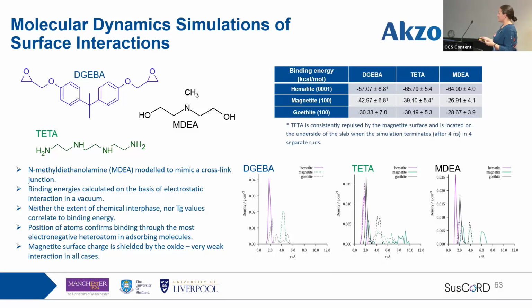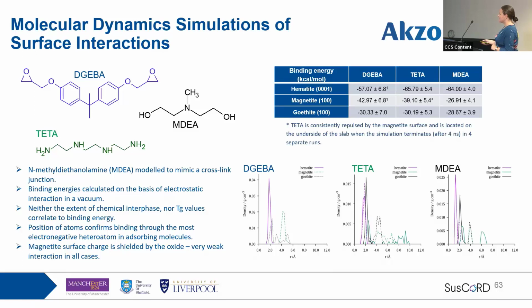For magnetite, because the oxide really shields the positive iron ions from these heteroatoms, we have even a repulsive type interaction. They move around all over the surface. And then for goethite, if we take theta as an example, we've got the primary amine seeming to bond really closely to the surface, and then the secondary amine, which is represented by a dashed line here, much further away.